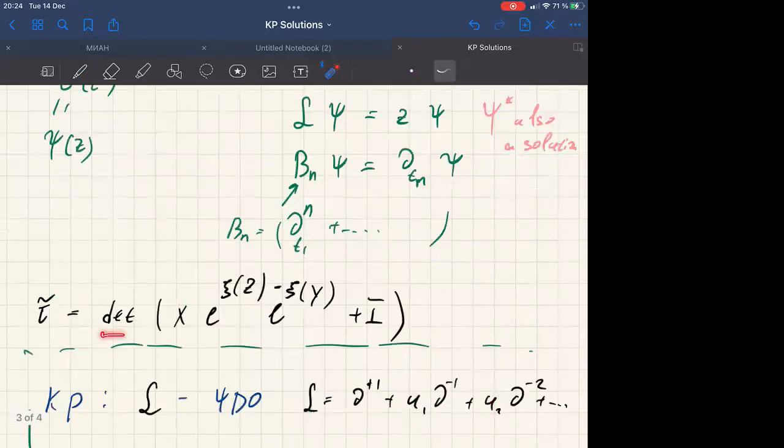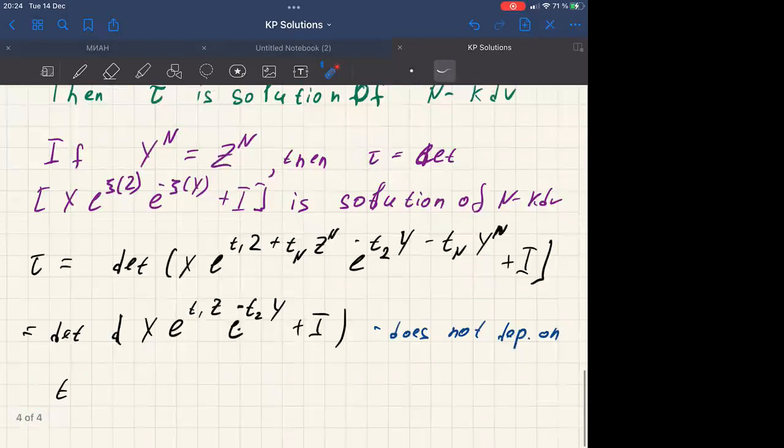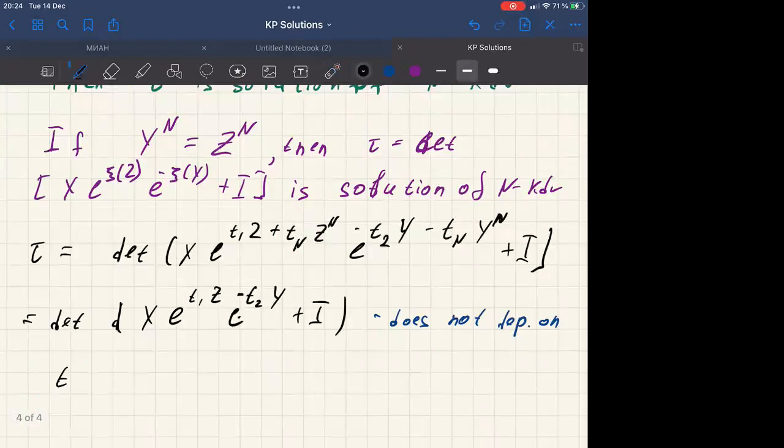As I showed before, this is essentially the same solution but with different tau functions. But the question is why you have T1 in one case and in the second case... Oh, T1. Sorry. Yes, T1. Of course, T1. I'm sorry.